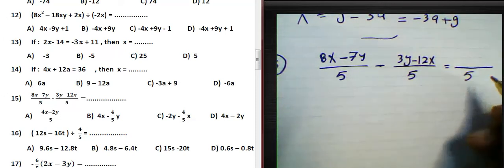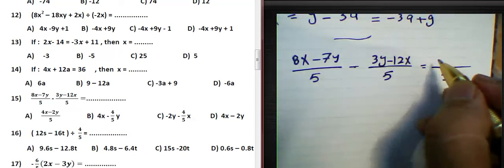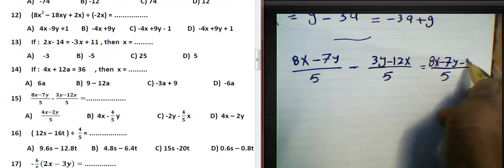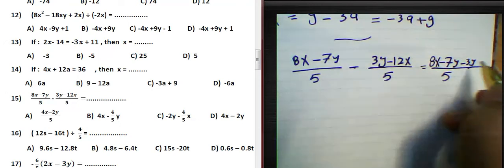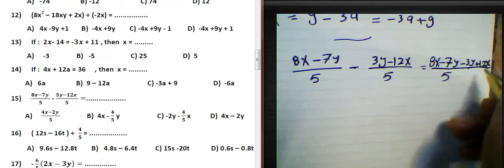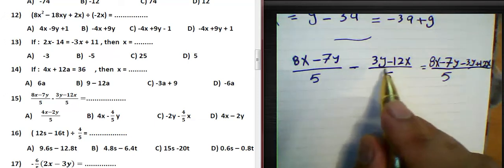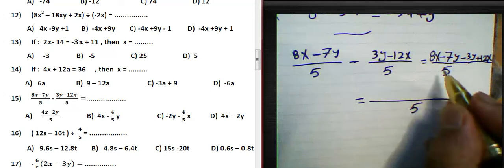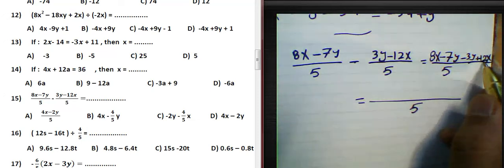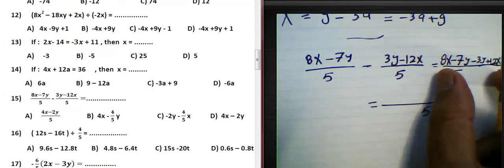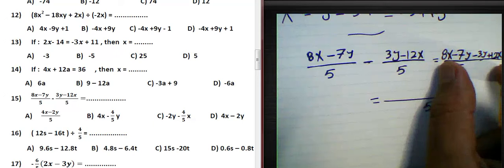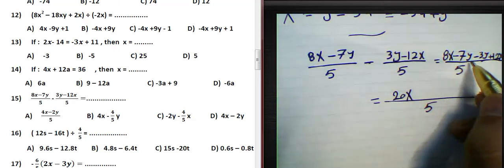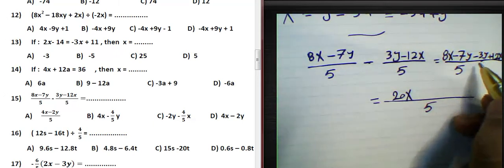So we write 5 here, and in the numerator 8x minus 7y, subtract 3y minus 12x, and negative times negative equals positive 12x. We must change this sign. We write 5 here, 8x and 12x. 8x plus 12x equals 20x, and negative 7y, negative 3y equals negative 10y.